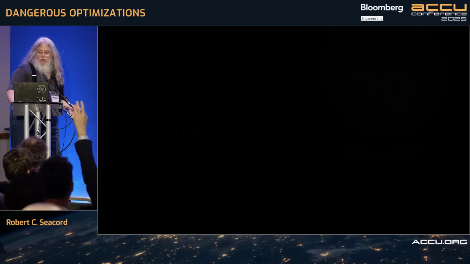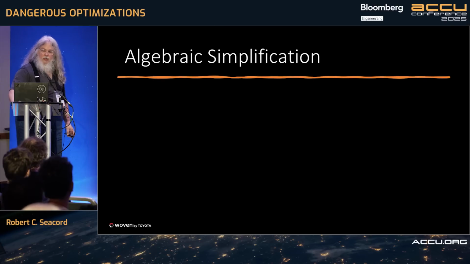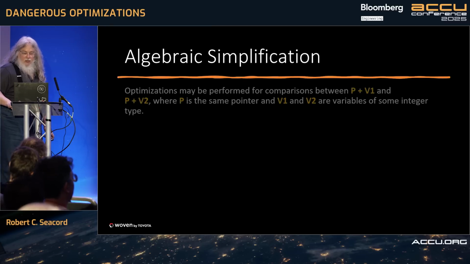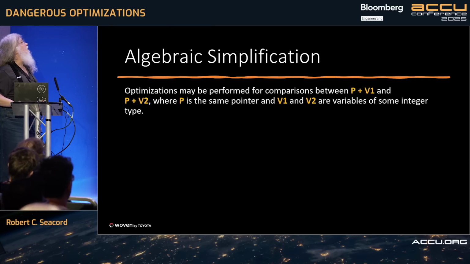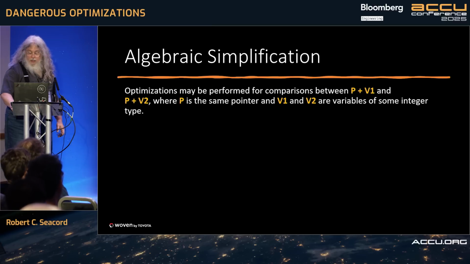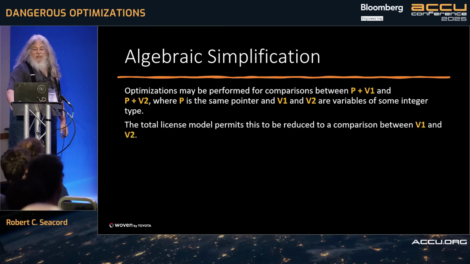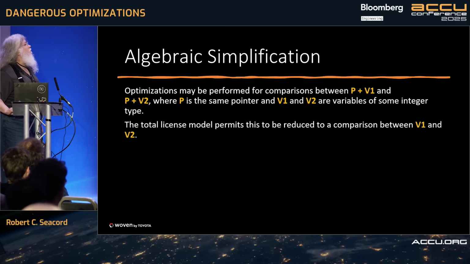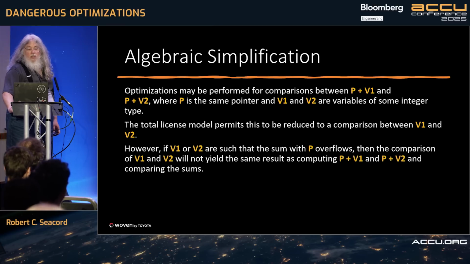Okay, so, the optimization we're looking at is that optimizations can be performed for comparisons between P plus V1 and P plus V2, where P is the same pointer and V1 and V2 are both integer values. So the total license model permits this to be reduced to a comparison between V1 and V2.